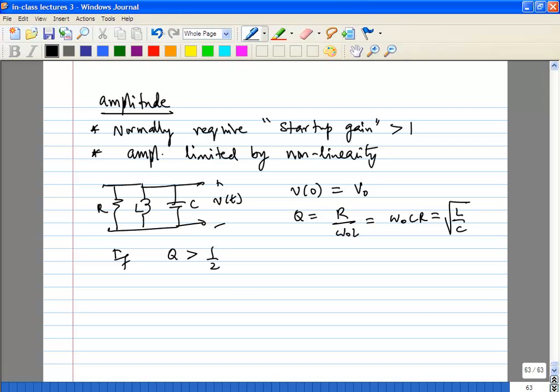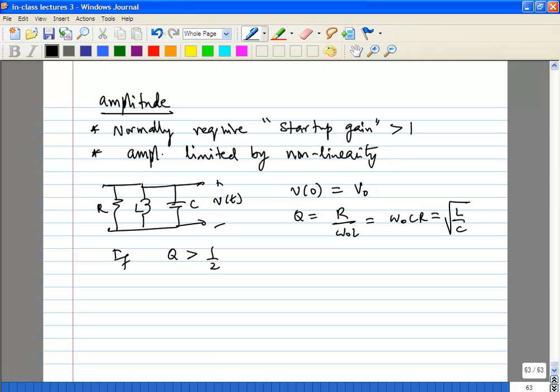You have an RLC network, you can write the second order equation for it and find out the roots of the system. Initially the roots lie on the x-axis. But if your Q is greater than half, the roots end up splitting into two, such that they no longer lie on the x-axis, but are two complex conjugate poles.